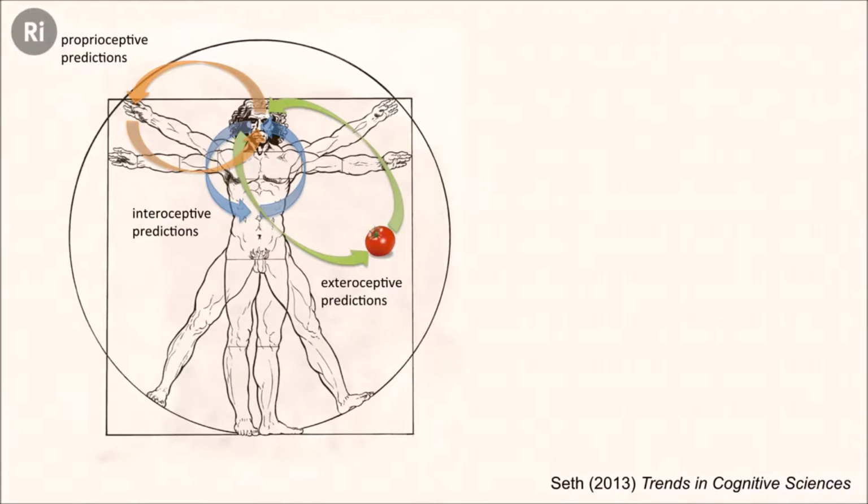And the brain is always making this inference. It's making its inference about what in the world is part of the body and what is not part of the body. But it has access, in this case, to other sorts of sensory signals, not just visual signals or tactile signals, but also proprioceptive signals, the orange arrows here. These inform the brain about the body's configuration and position in space.